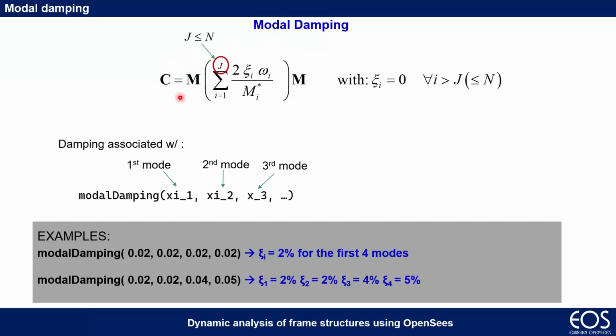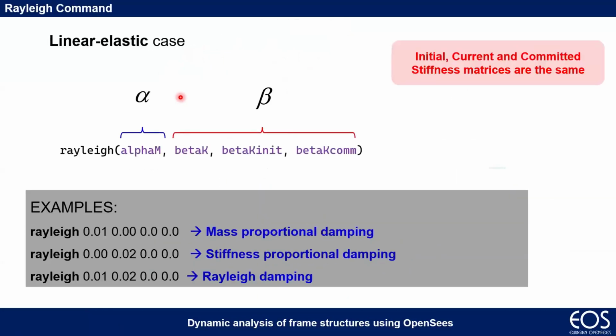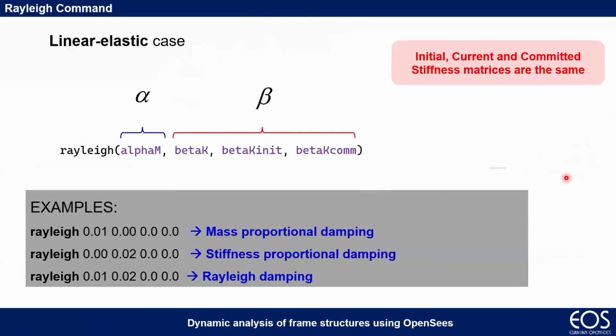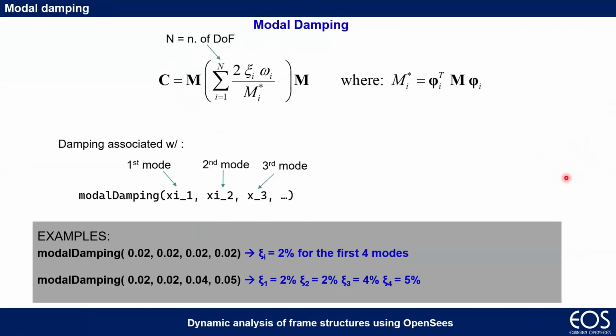Other questions? Pay attention to higher modes, okay? If you want to overdamp higher modes, in Rayleigh damping that is inside the model itself. For higher modes, the damping increases. For modal damping, you have to pay attention to that if you want to overdamp higher modes of your structure.